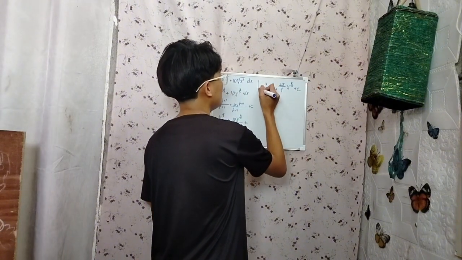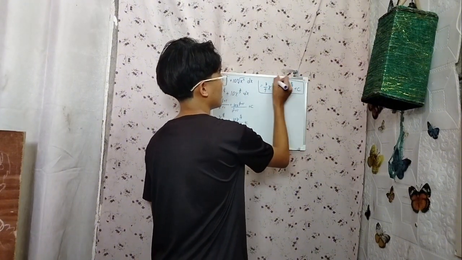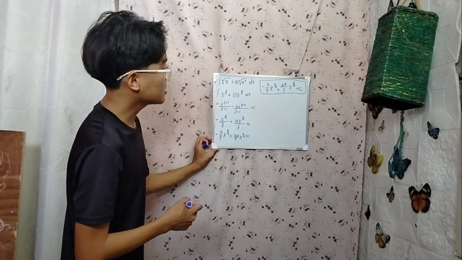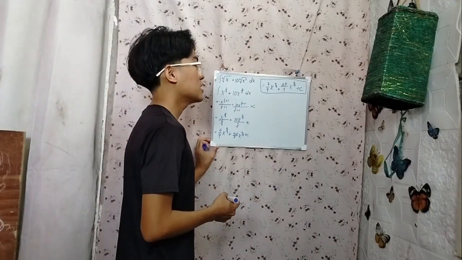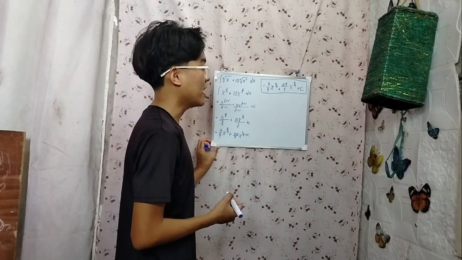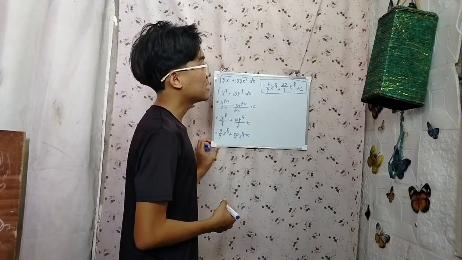So here's the final answer: 3/4 x raised to 4/3 plus 25 over 4 x raised to 8/5 plus c.